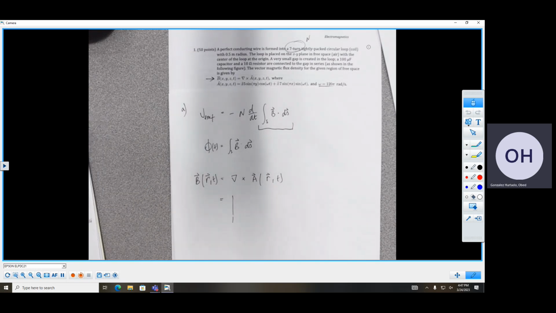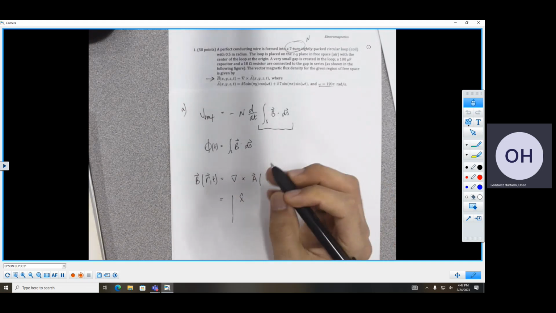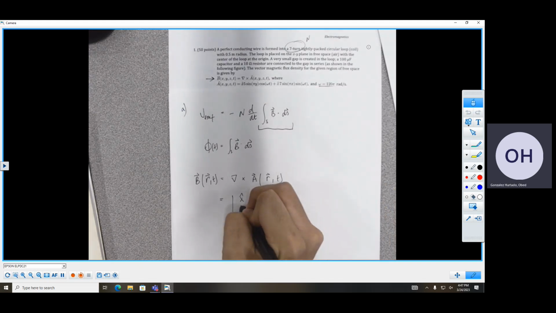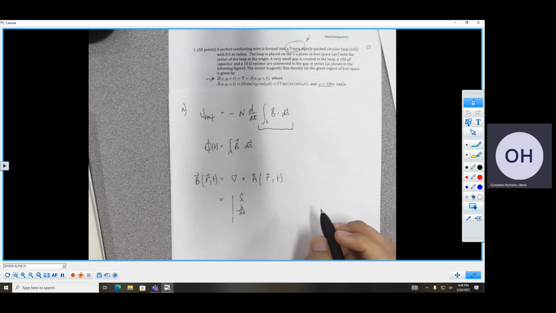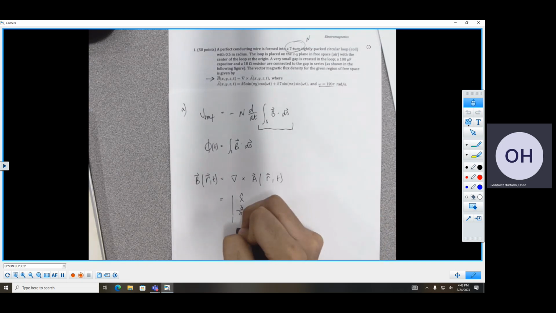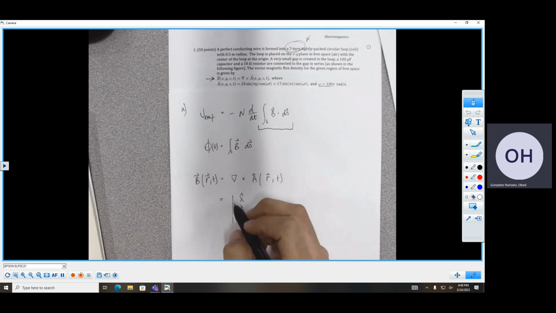Isn't this like a 3x3 matrix thing? Yeah. Partial derivative is x, y, z, and then partial derivative with respect to x, partial derivative with respect to y. I don't really want to write this whole long answer.